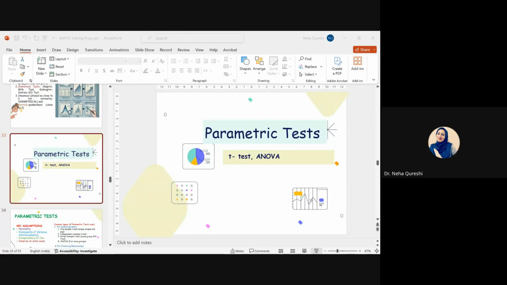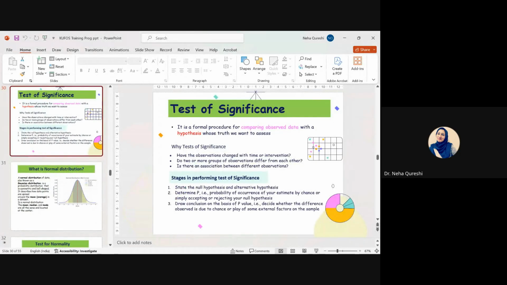Okay. Then this one, inferential statistics. Yes, ma'am. Okay, then I was here. Ma'am, please start with the parametric tests. Can you see the slides moving? No, ma'am. Ma'am, please share the entire screen. You have shared the window. Oh, just wait a minute.